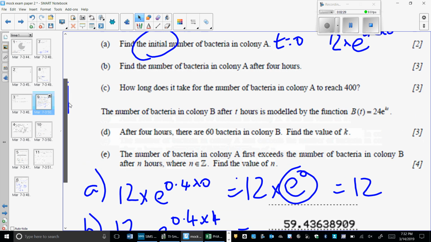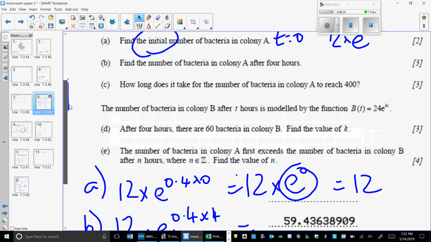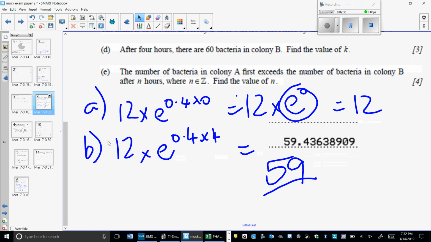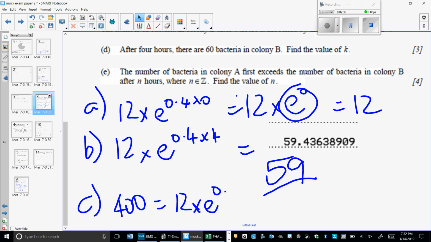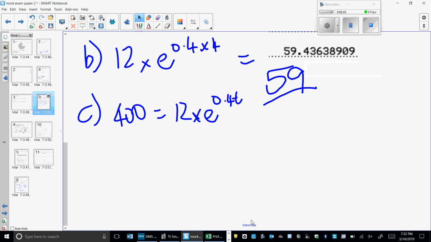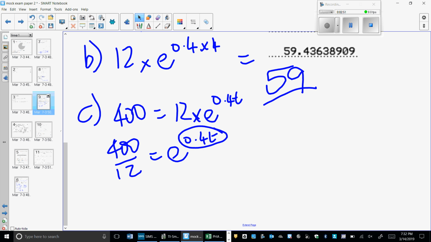How long does it take for the number of bacteria to reach 400? So C would be 400 is equal to 12 multiplied by E to the 0.4 T. So 400 divided by 12. Because our power is in our unknown, we take logs of both sides. Because it's base E, we would take natural logs.